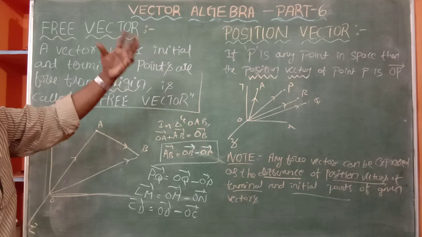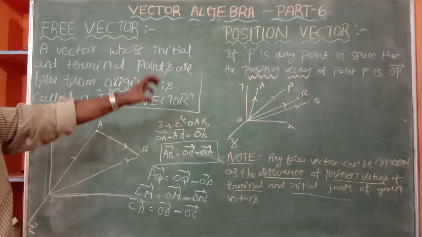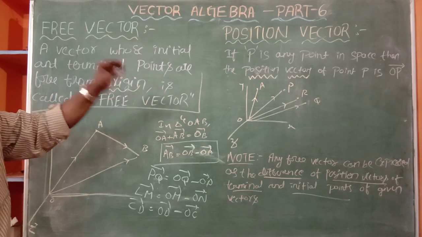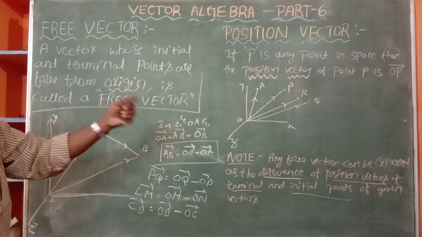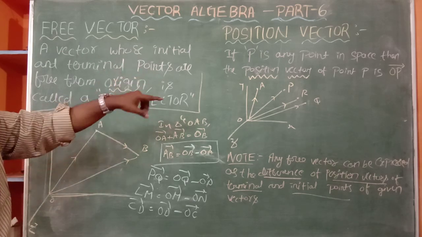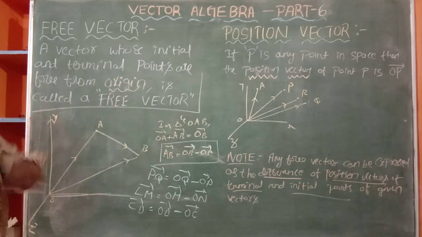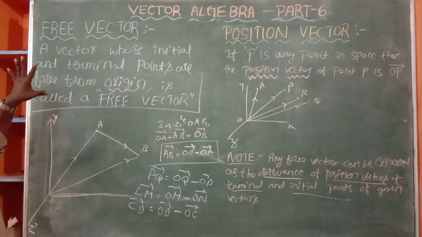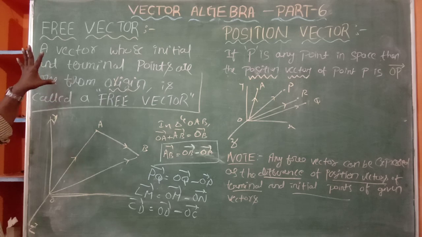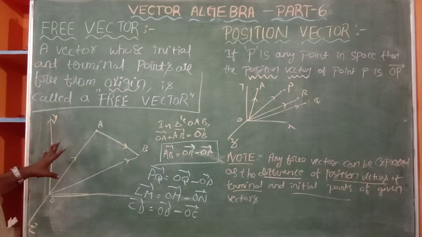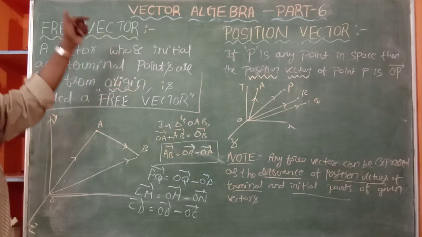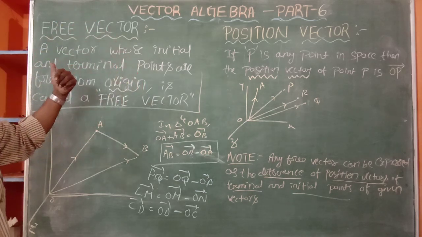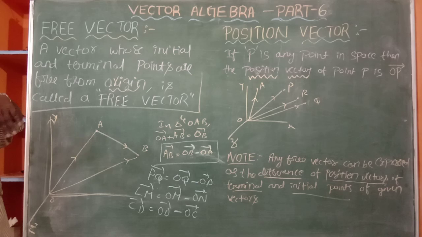Position vector means, for any point in three-dimensional space, it is connected with the origin as the initial point: OP bar, OB bar, OA bar, OQ bar, like that. But a free vector is nowhere connected with the origin. It's a different one: AB bar, PQ bar, RS bar, SQ bar, LM bar, like that.